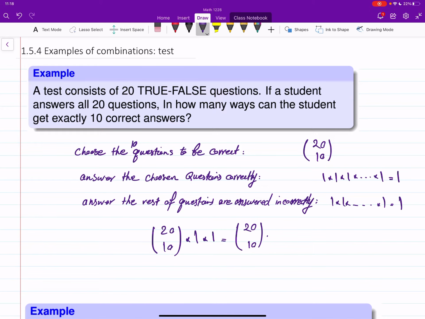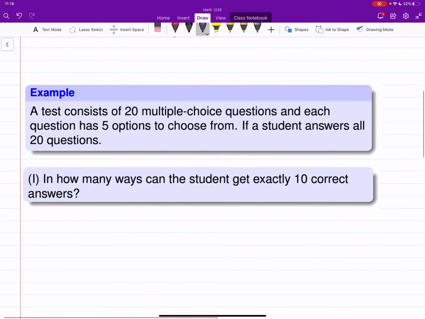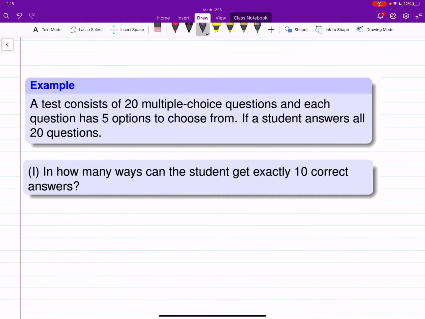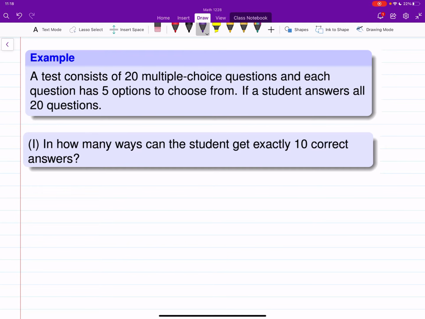Well, if instead of true false questions we have multiple choice questions, this will be a different story. Yes, let's do an example on that. A test has 20 multiple choice questions and each question has 5 options to choose from. If a student answers all of them, in how many ways can exactly 10 questions be correct? So same question now for multiple choice.